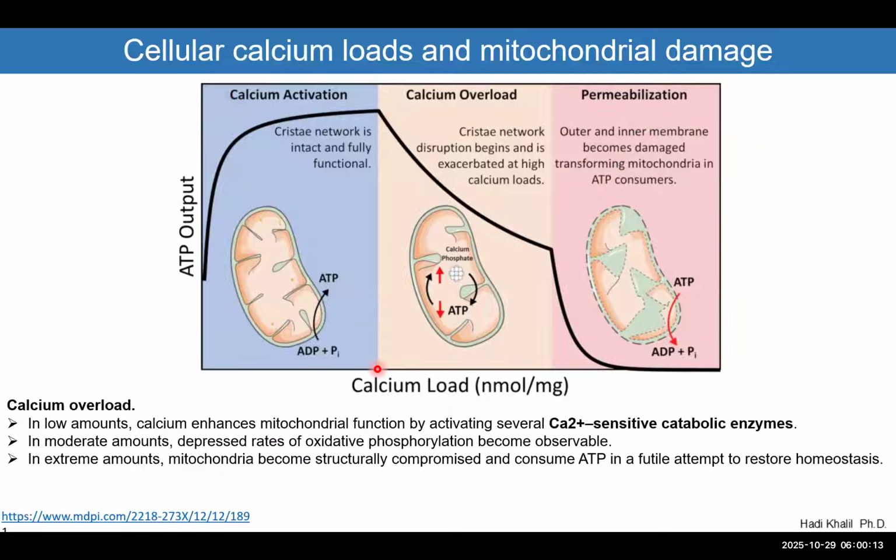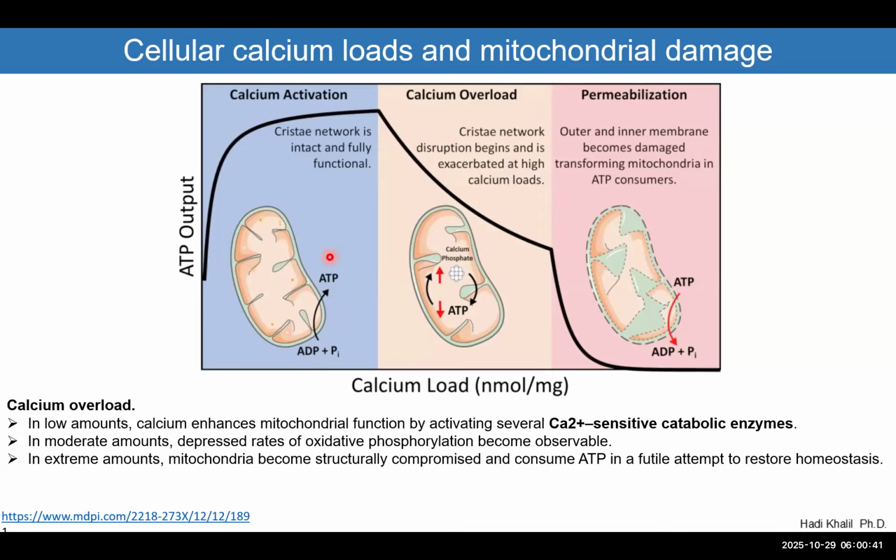The physiological function of those mitochondria, where they can generate the maximum amount of ATP, depends on the healthiness of these cristae and the levels of calcium in the mitochondria or in the cell. I will describe a little bit what's the difference between the two.